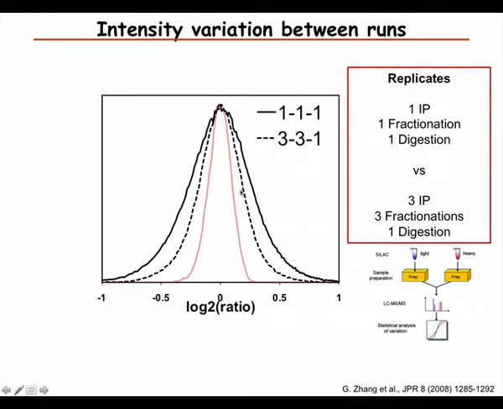Then if we do more replicates, we see that the label-free becomes more accurate, because when we do replicates, we take out the variation. But we still have a much wider distribution than in the case of SILAC.